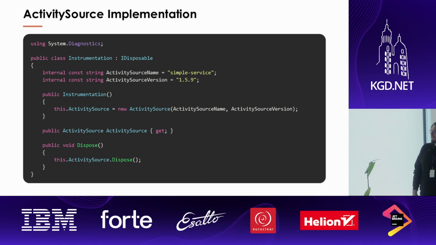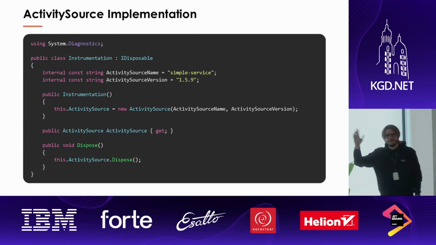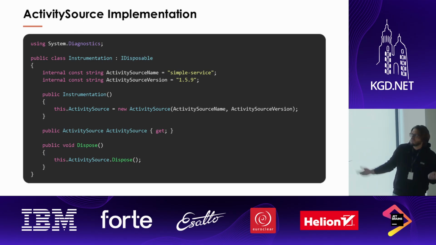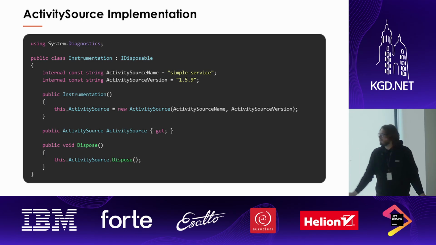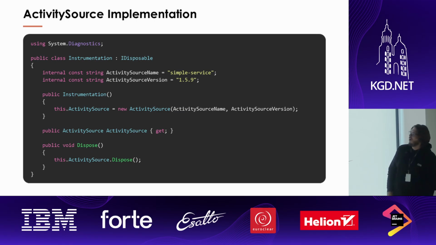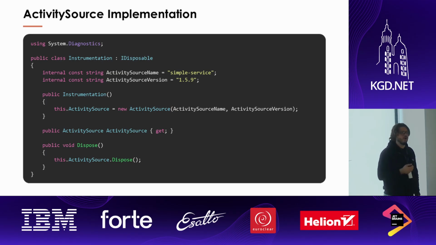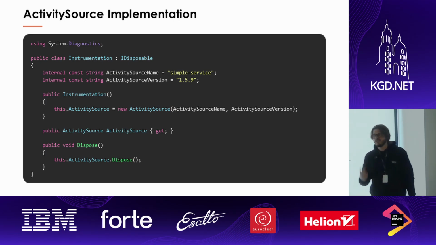But how to implement it in our code, actually? How to add this instrumentation to our code? Firstly, we need to create a separate class for that. I called it instrumentation because it's instrumentation. It has an activity source, which we will add to our DI container as a singleton.